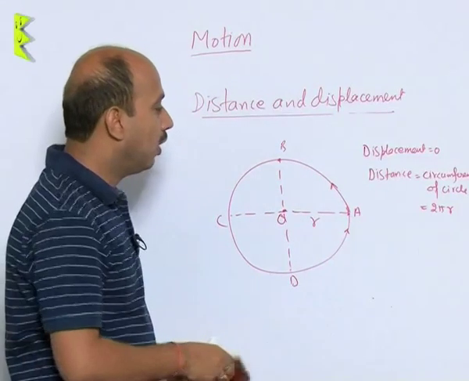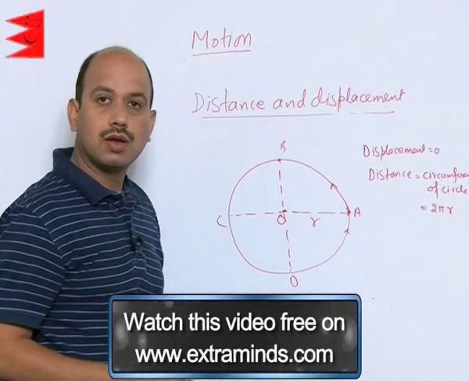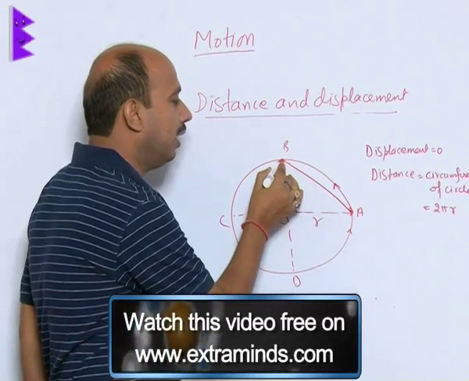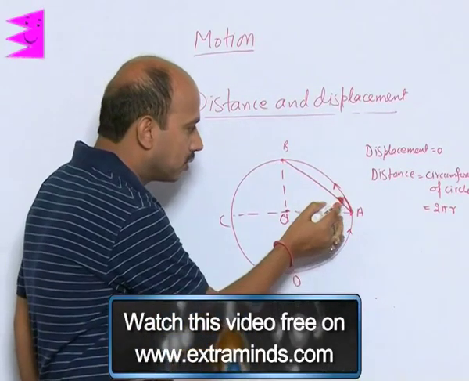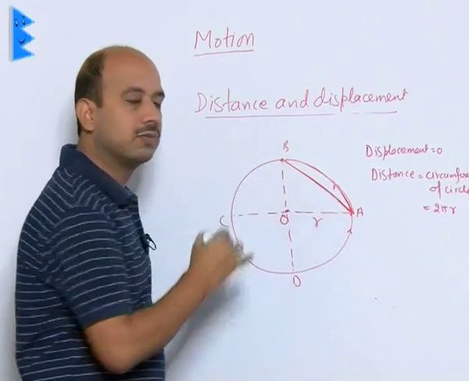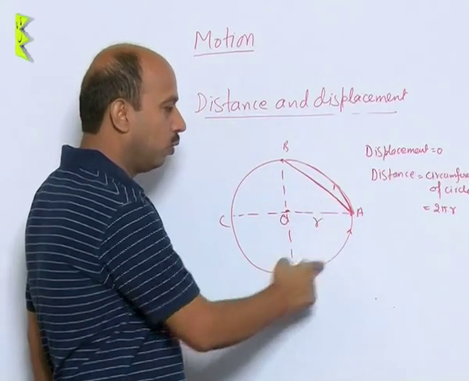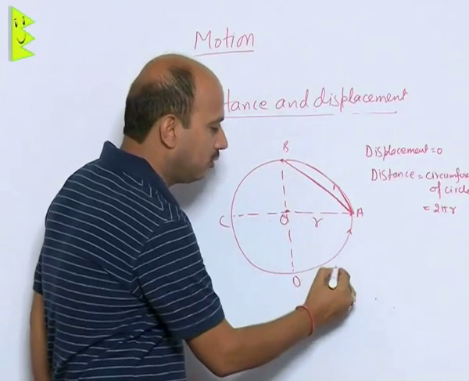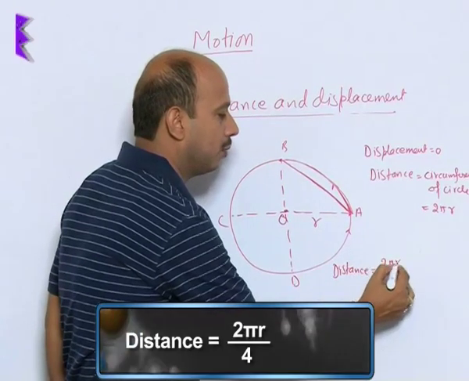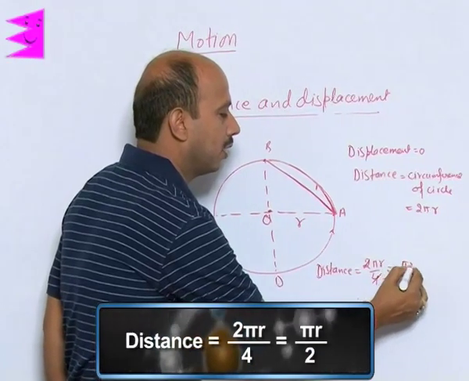Similarly, if the object is going suppose A to B here, what will be distance and what is displacement? If the object is going directly A to B, this path is known as distance and this one is known as displacement. Since this is 1/4 of the whole circle, for this case you can write distance is equal to 2 pi r upon 4, that will be pi r upon 2.